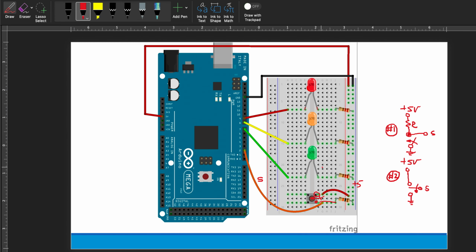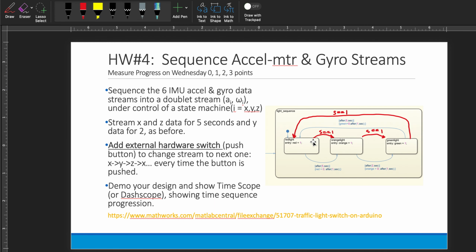Where did I get this? This came from the web reference here on the bottom. Now, the web reference describes another traffic switch controller problem, which is much more difficult than the one we're addressing. So I don't want you to really look at this except to get this diagram here, because our diagram is much more simple than the one that they have.